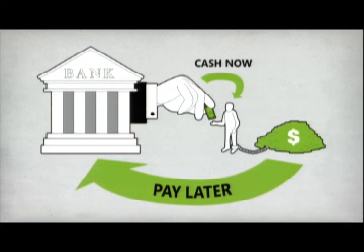And this is what we heard from customers in this work with this bank, that the bank was nickel and diming them to death, that they were getting cash now through their credit cards or home loans or auto loans, and then the bank was bleeding them dry in the subsequent years because they were chained to this mountain of debt.